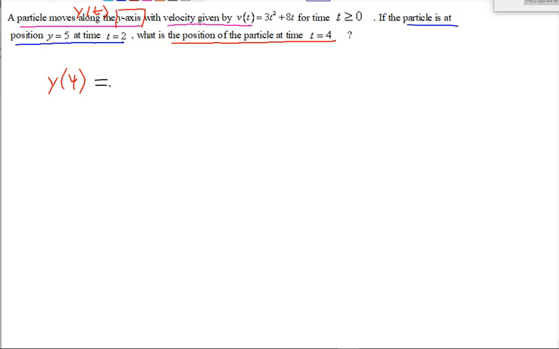And since we have one point on position, and we also have its derivative, which is velocity, whenever you have one point on a function and you have its derivative, and you're looking for another point on the function, that's when you can set up an initial plus change problem.